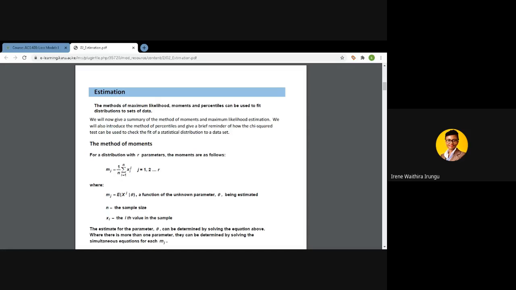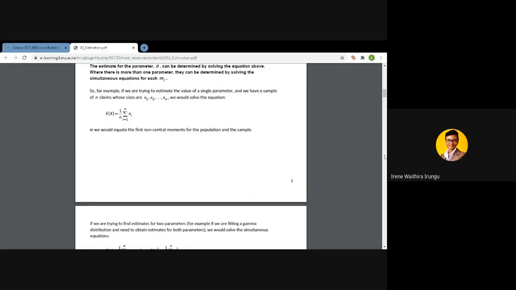If I want the second moment, then my j becomes 2. My n is defined as the sample size, xi is my sample observation, and mj corresponds to the jth moment. We'll be using that to estimate the parameters of a distribution. So let's look at an example.